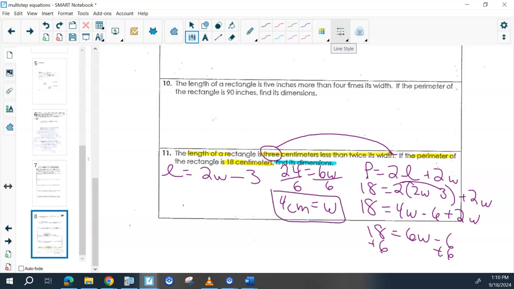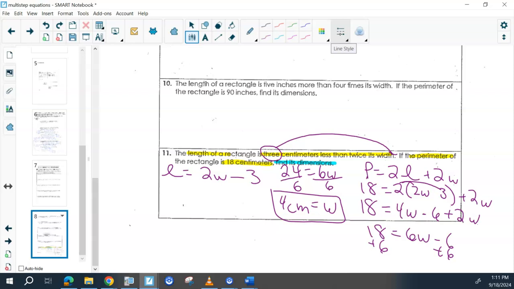Okay. The dimensions, we have to find both the width and the length. We found the width. We have this equation for length. How could we find it based on the width? Very close. They told us the equation for it, but not what the length is. Oh, wait. You replace the w. Yes.